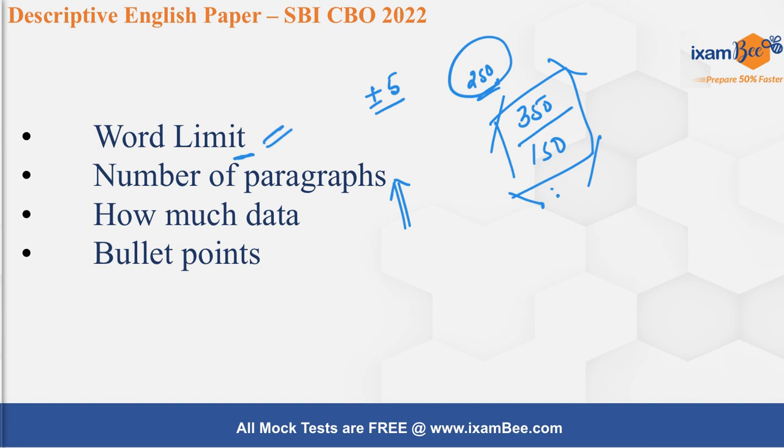So if it is an essay, it must be first paragraph intro, second paragraph body, and third paragraph should be conclusion. So at least three paragraphs. Body you can actually do in one or two or three paragraphs. Okay, so depending on the content or depending on the word limits they have prescribed.